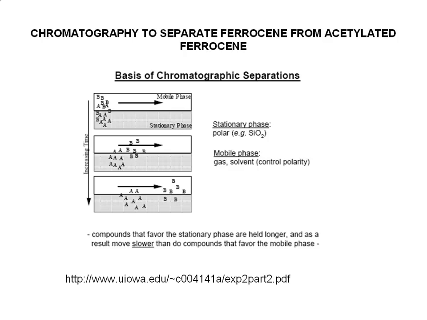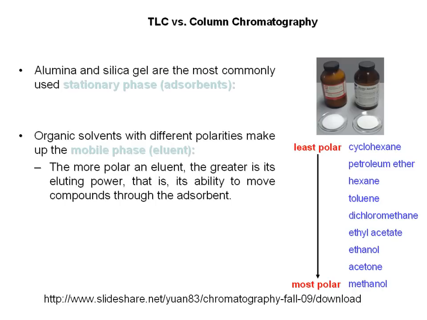So let's take another look at what you're going to be using in your column when you actually do the separation, which is alumina. What you're going to be using in your TLC, or thin layer chromatography, is going to be silica gel, and these are the most commonly used stationary phases or adsorbents, and they're relatively polar.